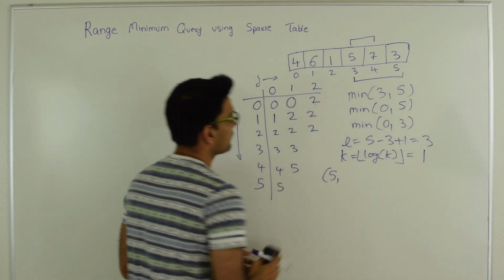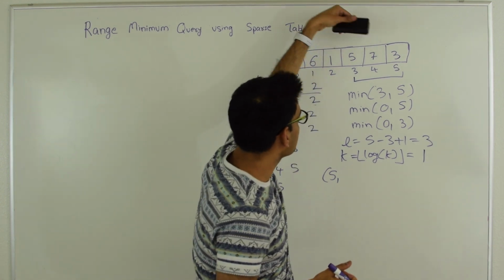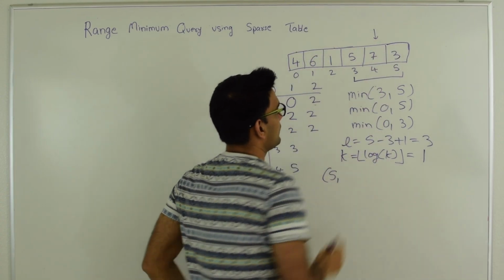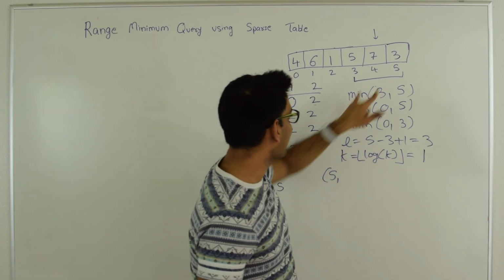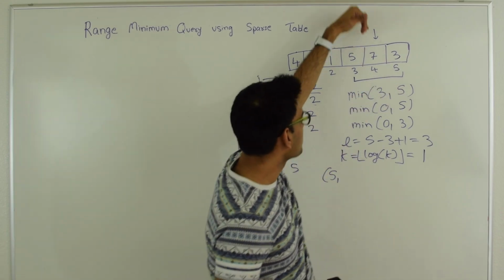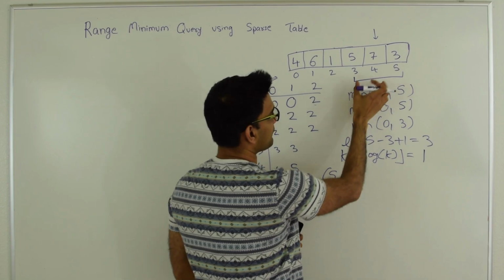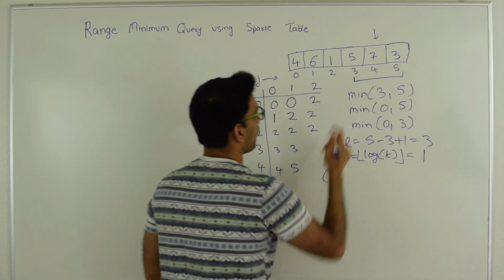To cover that, we move our start index by 1 from 3 to 4. So from 4, we are looking for the minimum of the next 2 raised to K elements. By doing that, we guarantee that we will include 5 because we moved from here to here by 1.